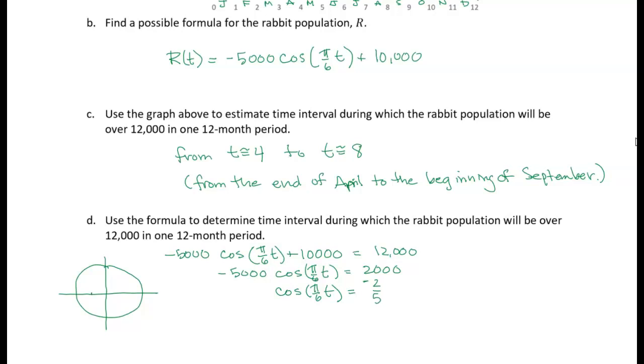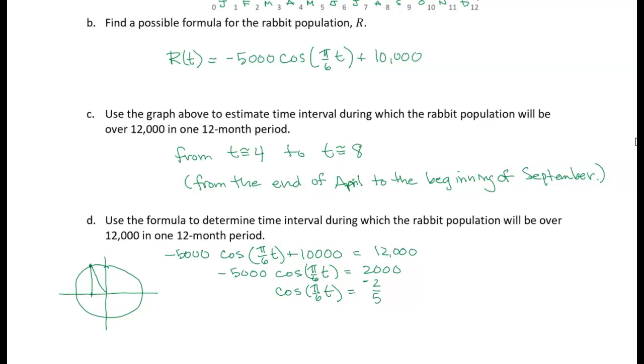So let's say this is about 2/5 in the negative direction. I can just draw a line straight up from there, and I can draw my angle, that particular angle that intercepts at that point, would be one place where the cosine is negative 2/5.